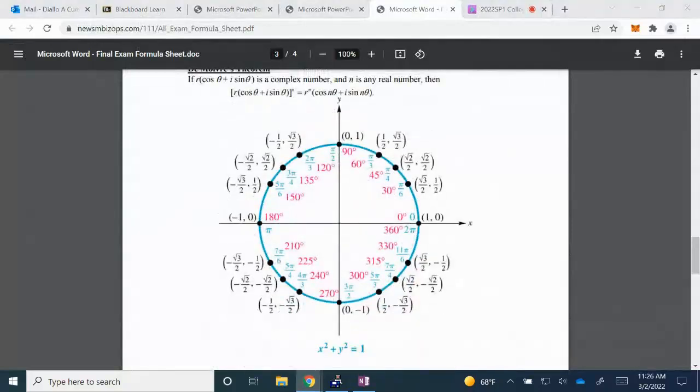Right, and if we look at the unit circle, notice that there is not a 105-degree angle, but we can use a combination of angles that would give us 105 degrees. So in this instance, I'm going to use the 60-degree angle and a 45-degree angle, because 60 plus 45 is equal to 105.